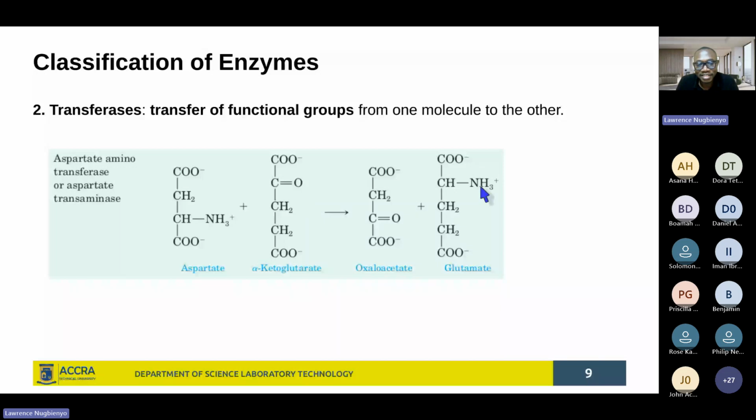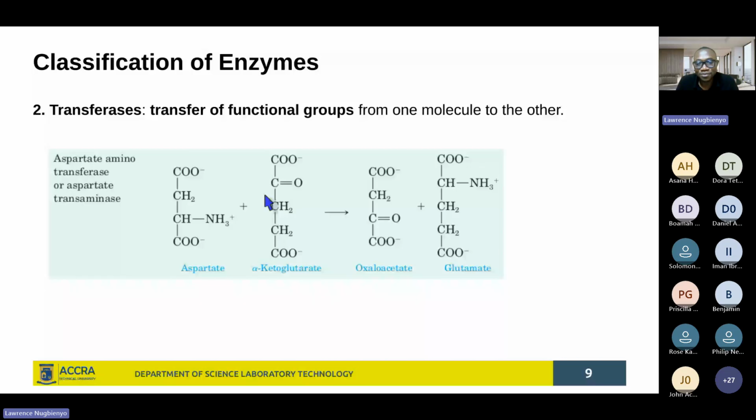And that NH3 plus came from aspartic acid. So it's just an exchange between this C double bond O in alpha ketoglutarate and the NH3 plus in aspartate. There's that exchange between the two groups.